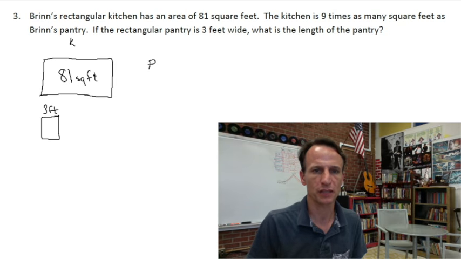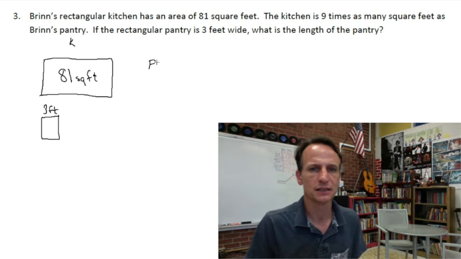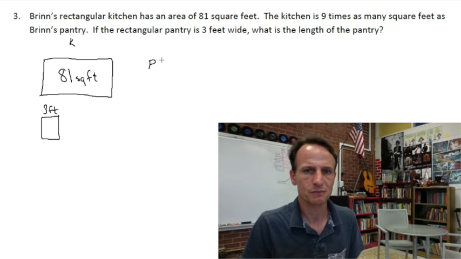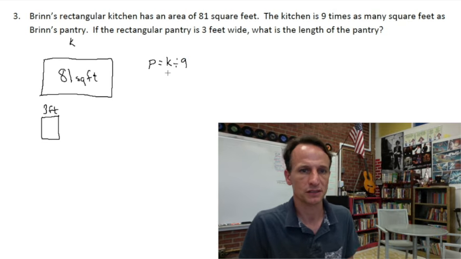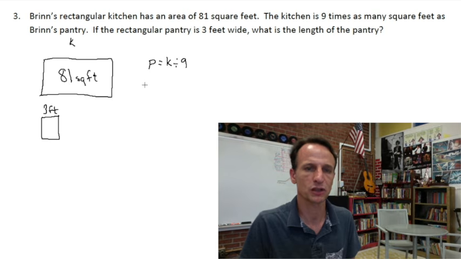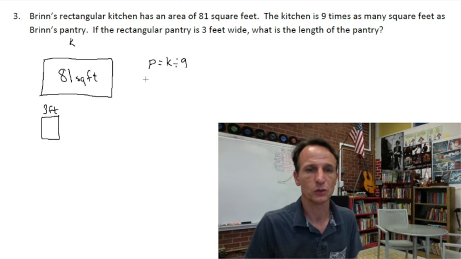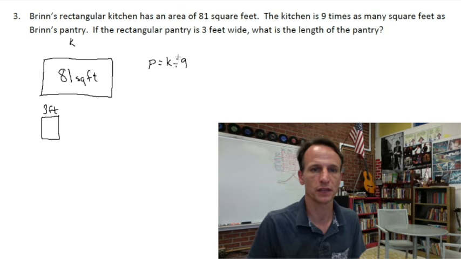The pantry's area is the kitchen divided by 9. Does that make sense? Because the kitchen's 9 times larger. Or I could say, this would be the same thing, that the kitchen is the pantry times 9.